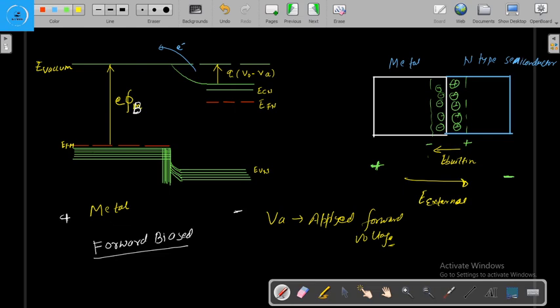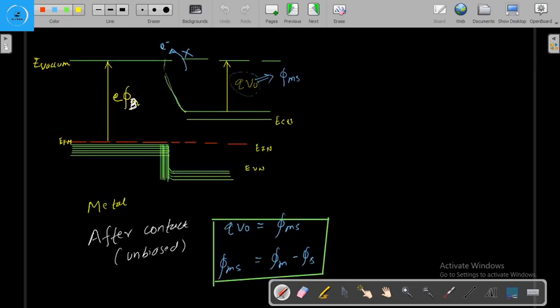Here, because the positive voltage is applied at the metal terminal and the negative voltage is applied at the n-type semiconductor, the energy band diagram will be attracted, or we can say pushed down, toward the metal, and the energy band diagram will push up toward the n-type semiconductor. And now the height of the uphill will be decreased, and hence the electron easily moves from semiconductor to the metal.